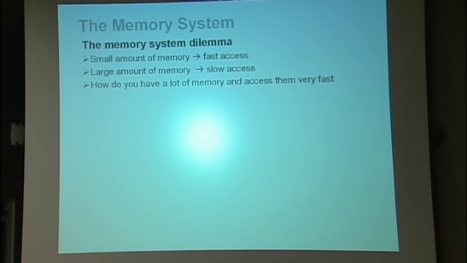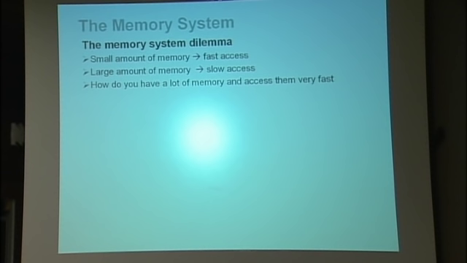You can go do more in the cache, in the memory system. If you look at caches, what they are doing is we have a very small amount of memory called caches that have very fast access, and a large amount of memory sitting out there that has slow access. What you want to give the user is the feel that they have a lot of memory and everything is very fast access.